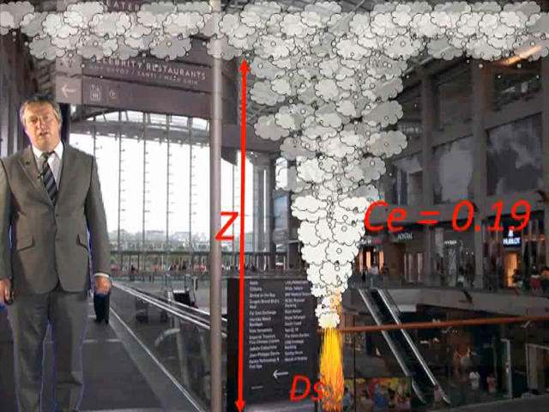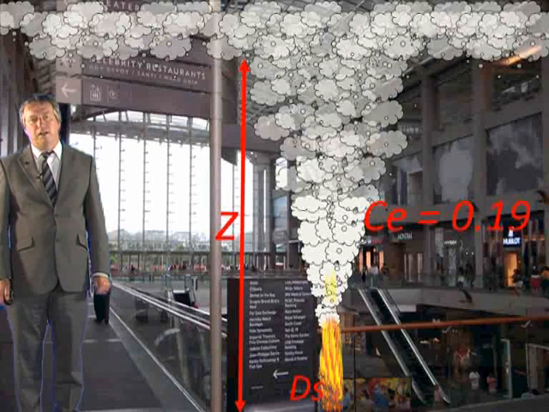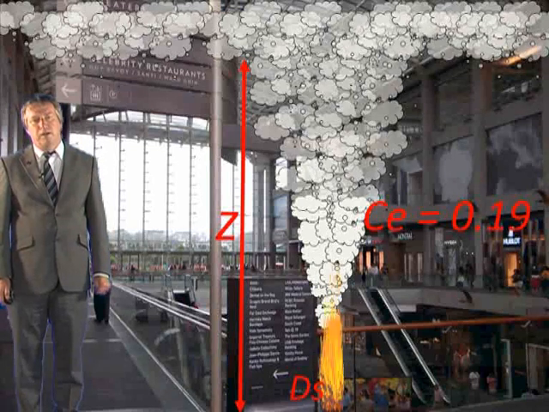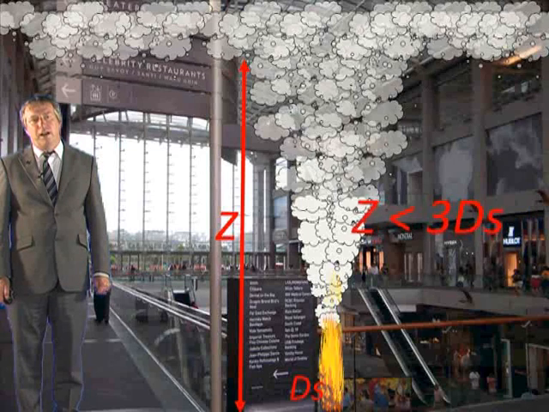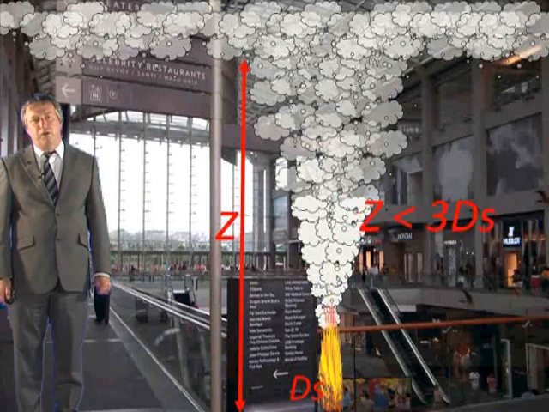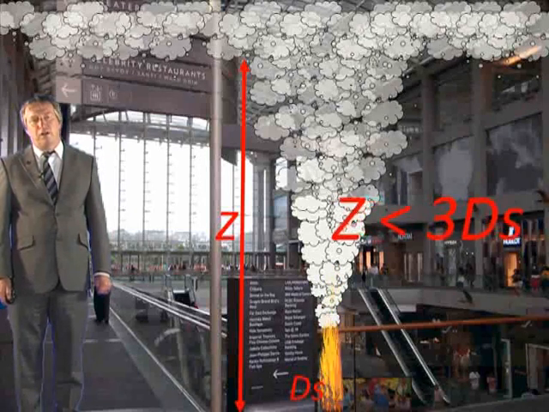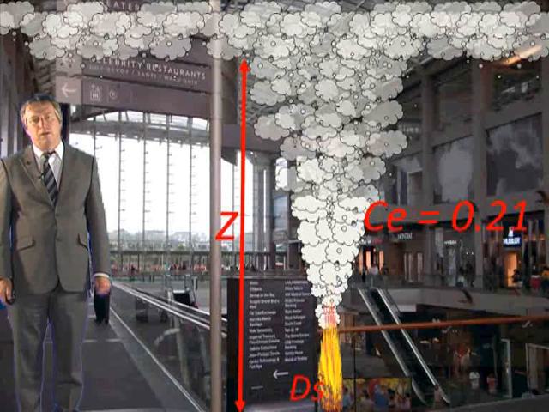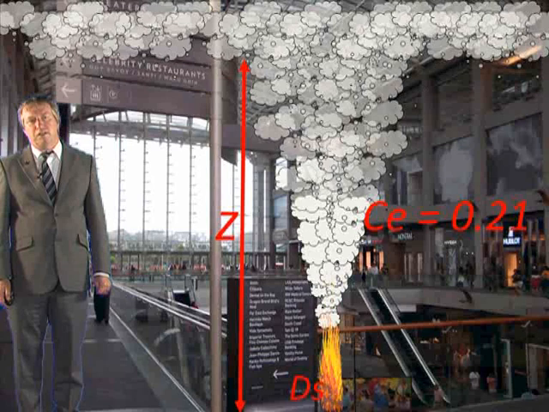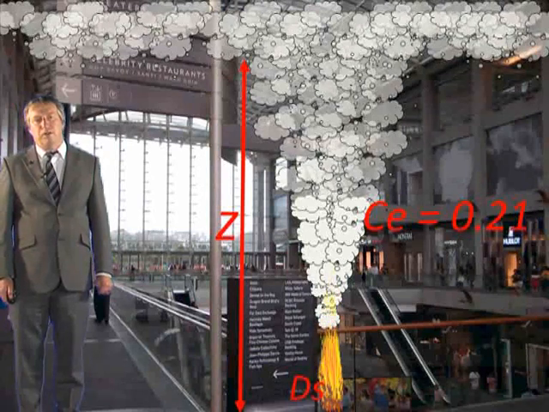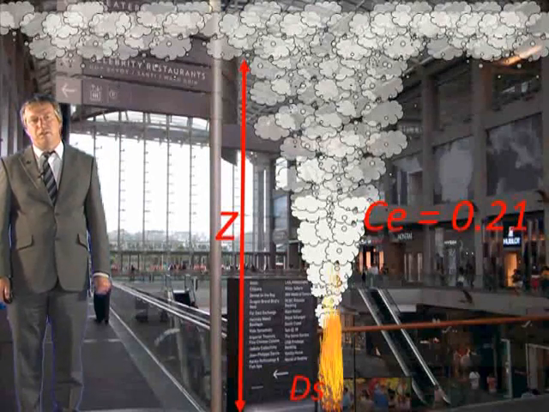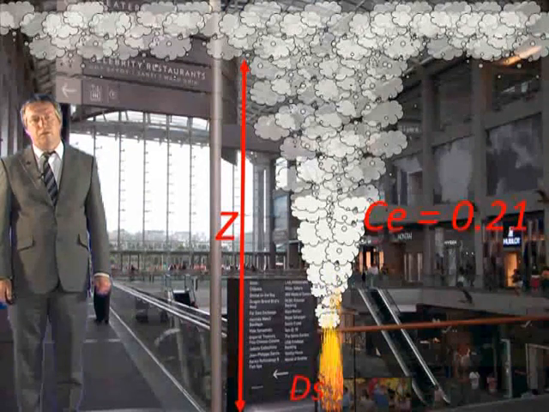Sometimes you'll see this more accurately depicted as 0.188, but 0.19 is accurate enough for most purposes. If the height of the clear layer is less than 3 times the longest dimension of the source fire, then the value that the coefficient should be given is 0.21. This is because as the clear layer height rises, there is a slight reduction in the entrainment that takes place, and a lower coefficient is appropriate for higher heights of rise.